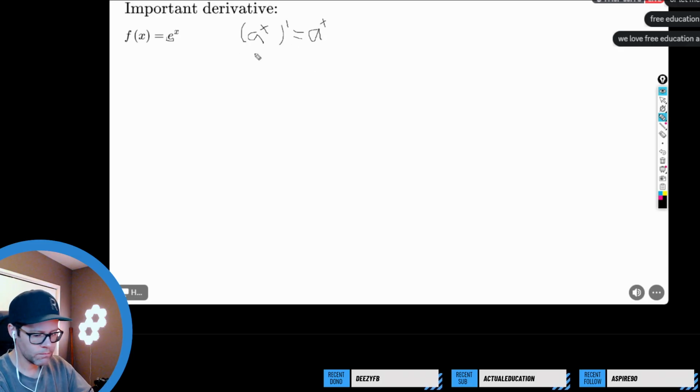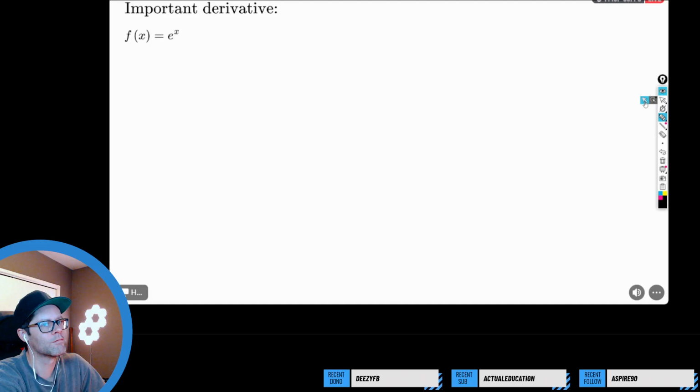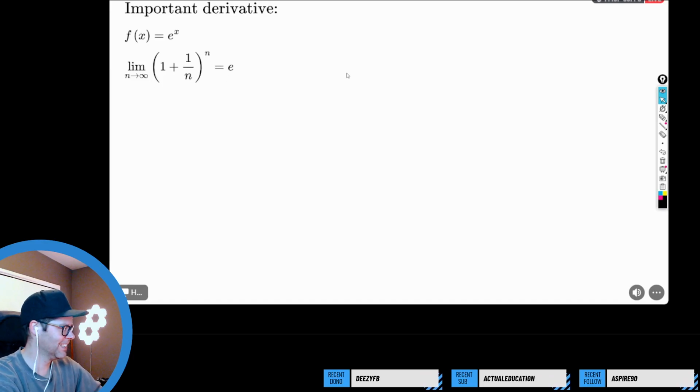This is one of its main properties, and a pretty cool property. Now, to evaluate this, we are going to need to use a limit, which is this limit. I will not go over this limit. We'll just take it as a God-given limit for now.